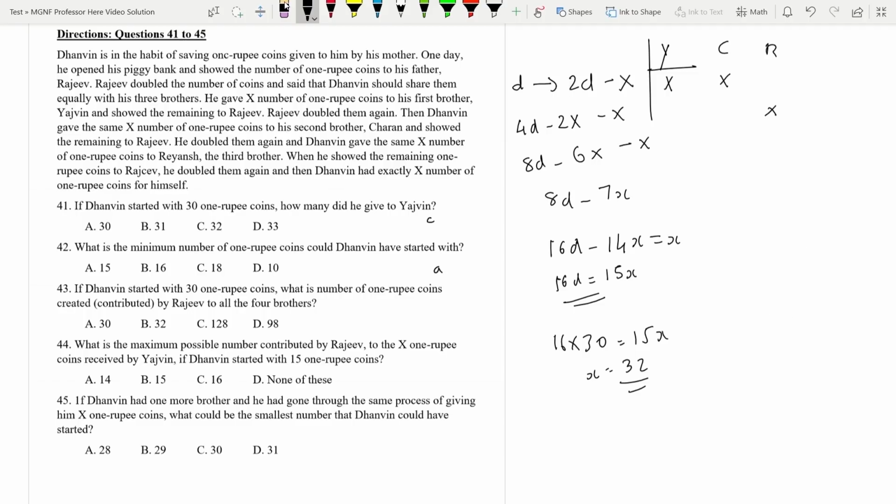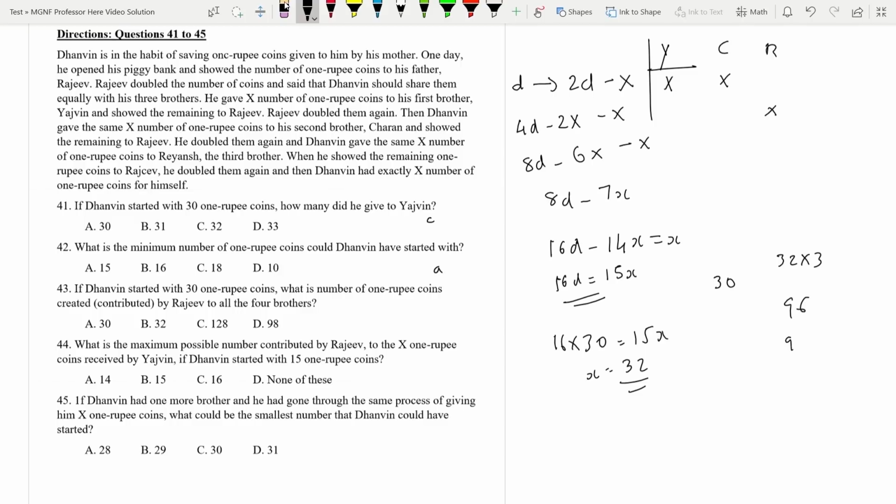If Dhanvin started with 30 1 rupee coins, what is the number of 1 rupee coins contributed by Rajiv to all the 4 brothers? Alright. So the situation is the same as this one. 16 into 30 is equal to 15X. Here, he starts off with 30 coins. So 30 coins is all he has. And in the end, he gives 32 into 3. That becomes 96. And he gives himself 2 coins.